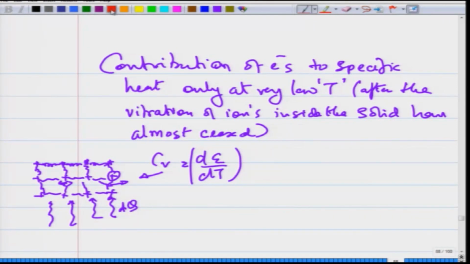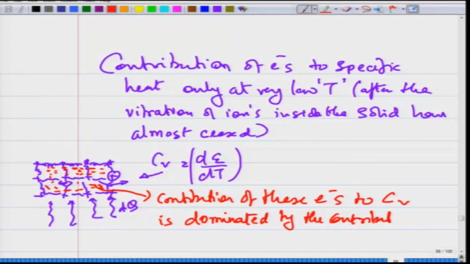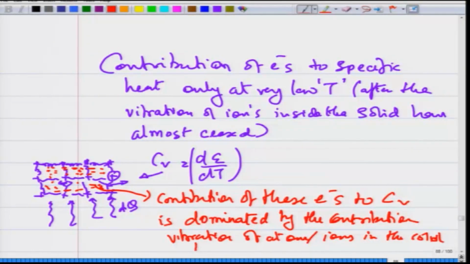So, although you will have electrons present inside this solid, the contribution of these electrons to specific heat is dominated by the contribution of the vibration of atoms or ions in the solid to the specific heat.